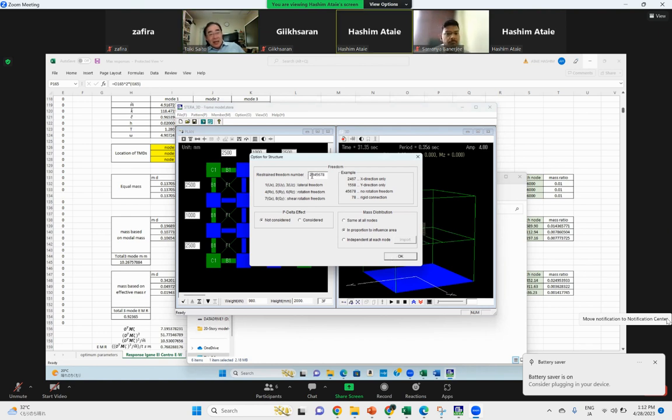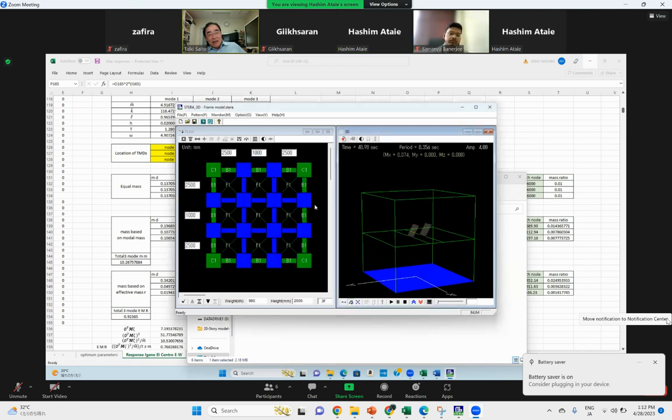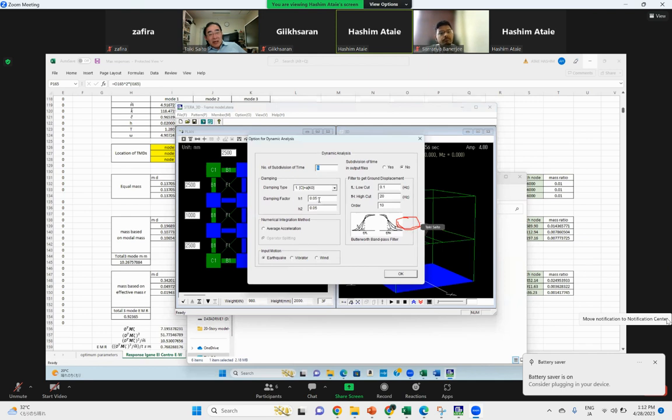So maybe I will create. But if you allow rotation, maybe you will have some error because the damper, TMD only, and all the information contributes to TMD.